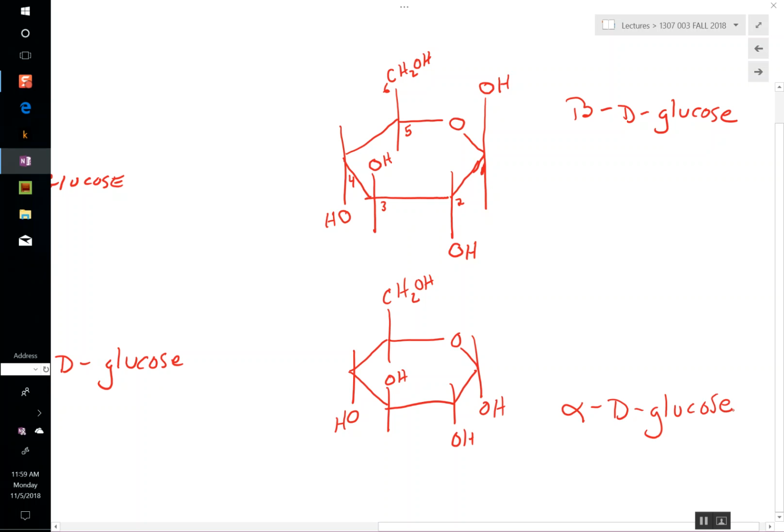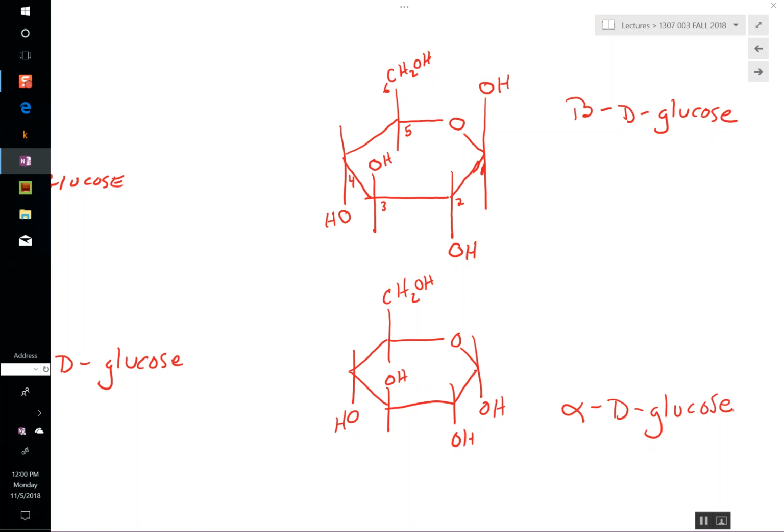I think your homework, I don't know if your homework asks you to draw both of them. I think they're both D. Yeah, they're both D-glucose. One's alpha and one's beta. So you're going to do beta D-glucose and then beta D-galactose. Yeah, okay. So beta, the OH is going to be above on both of those.